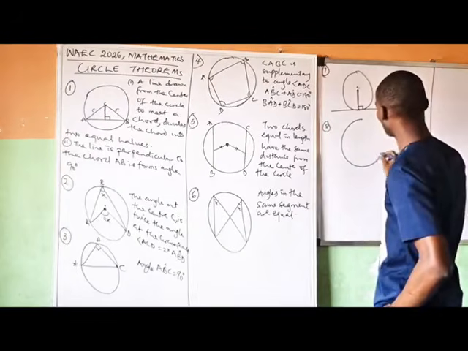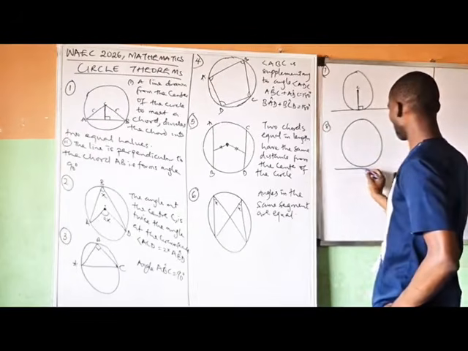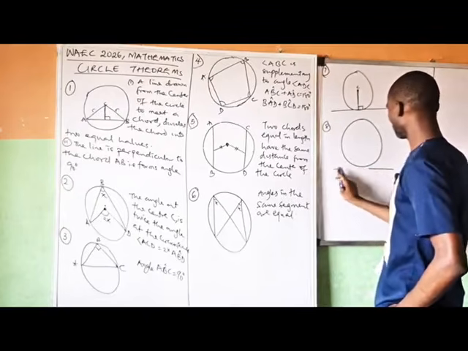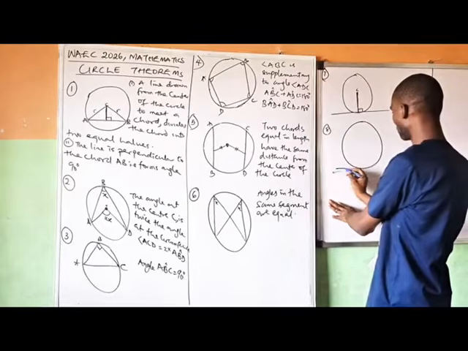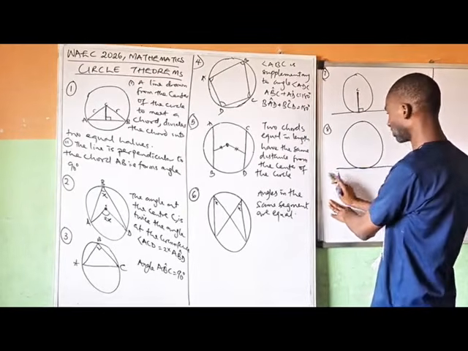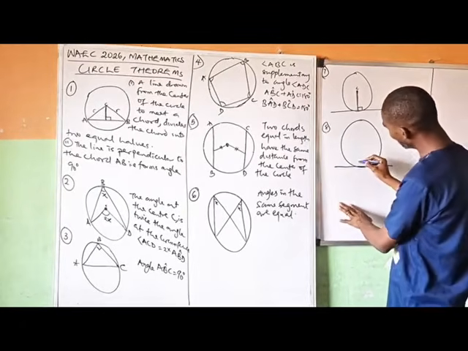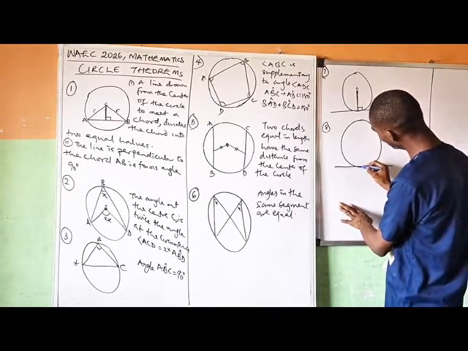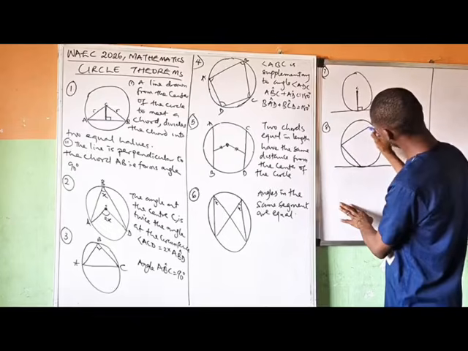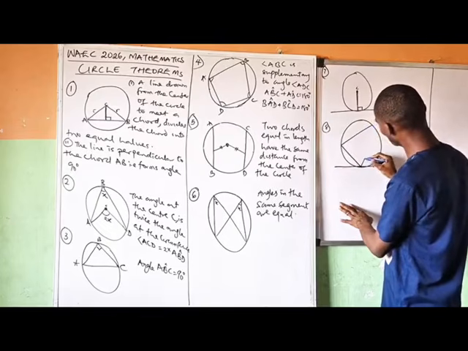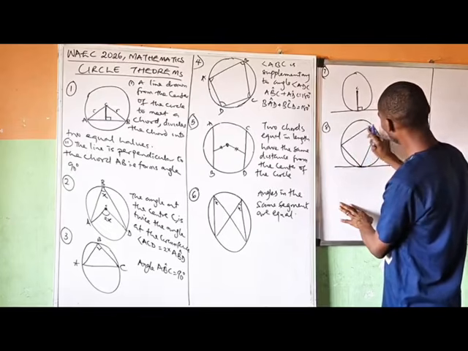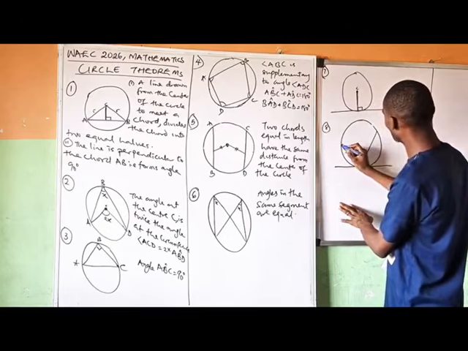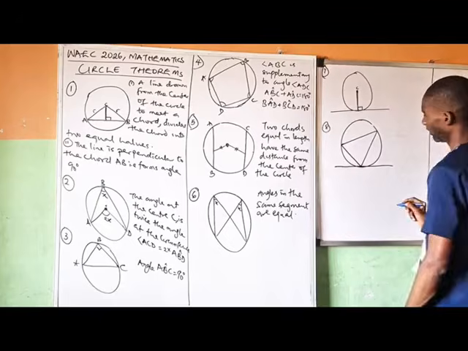If you have a circle and you have a tangent here, second to the last, a tangent, and then I have a triangle, something like this. All right.